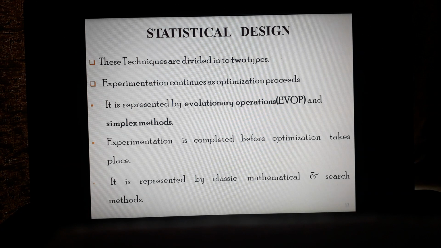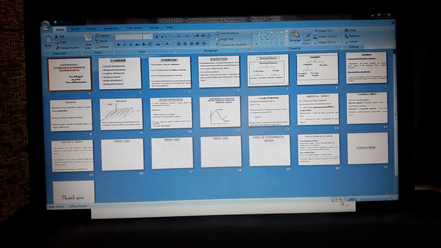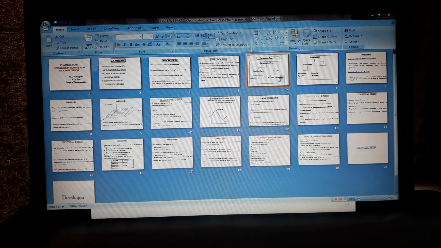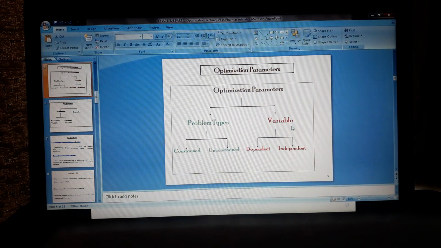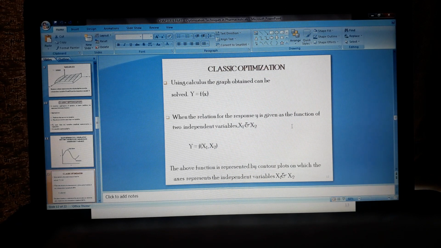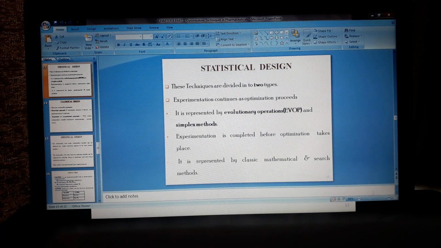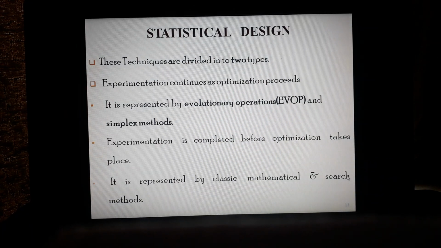Statistical design techniques are divided into two types actually. Experimentation continues as optimization proceeds. That is represented by the evolutionary operations, that is EVOP, and simplex methods.